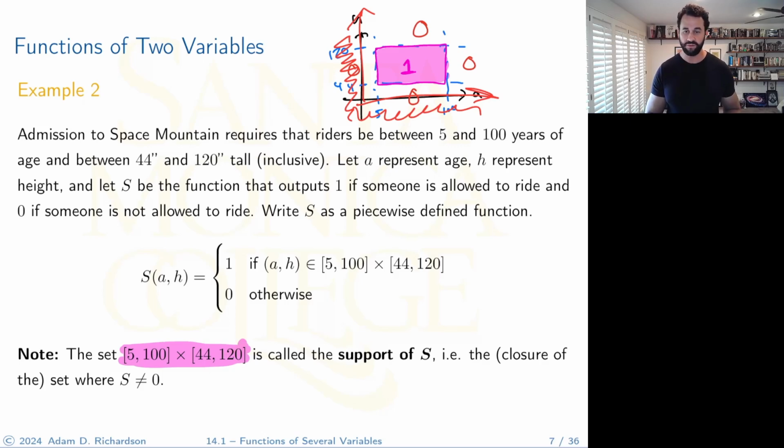So the support of the function is the closure of the set where the function is not 0. You can think of it intuitively: the support is where your function is not 0. But some interesting things can happen at the boundaries, so we like to include the stipulation that the support is the closure of the set where the function is not 0, just because interesting stuff can happen on the boundary. But that's what the support is.